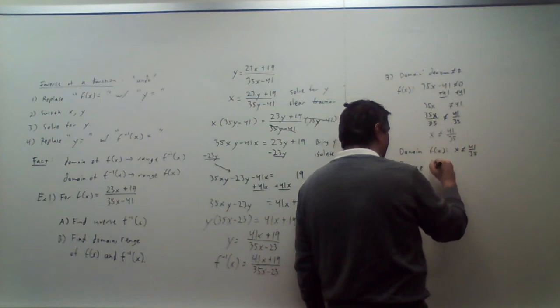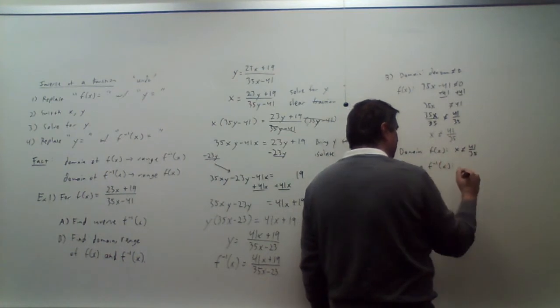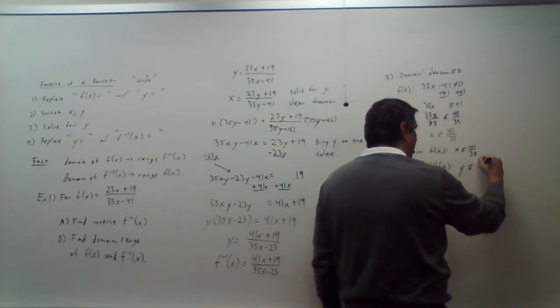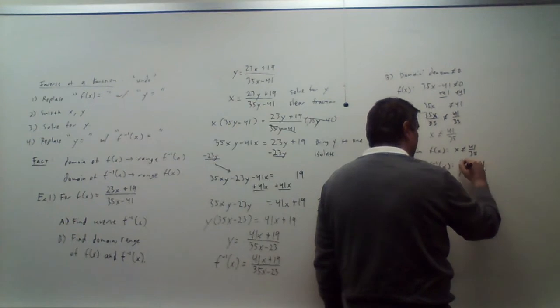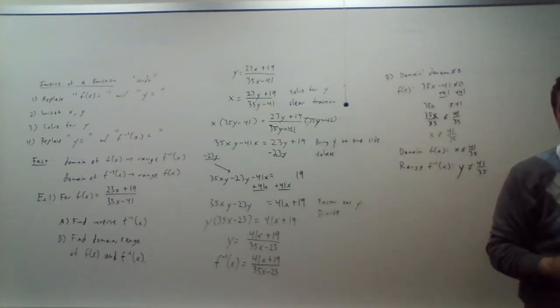Range of f inverse of x: y cannot equal 41 35ths. That's a y. Okay?